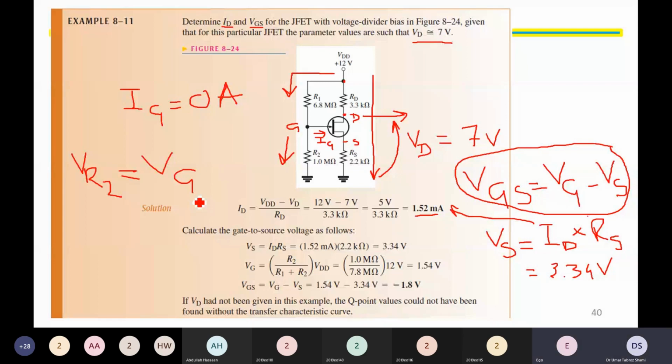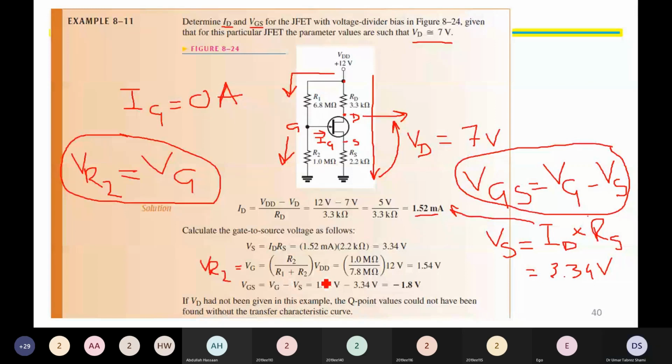Now, how do we find VR2? We will find VR2 by solving the voltage divider circuit between R1 and R2. VR2, which is equal to VG, is equal to R2 over R1 plus R2 into VDD.